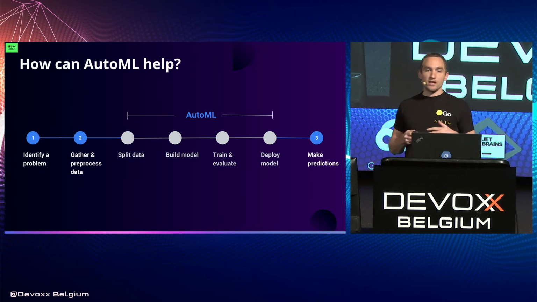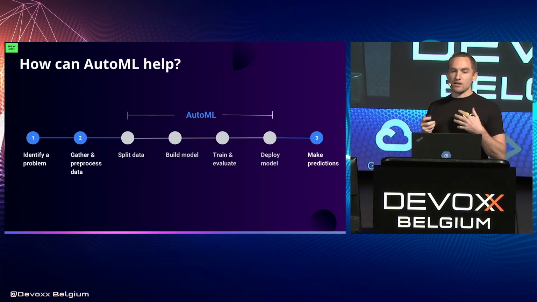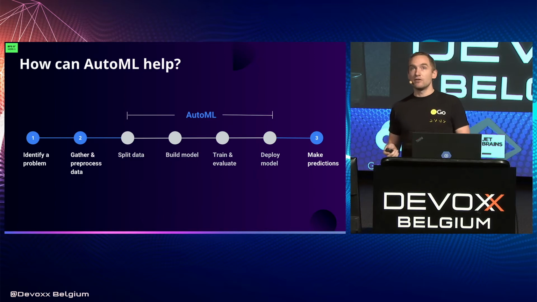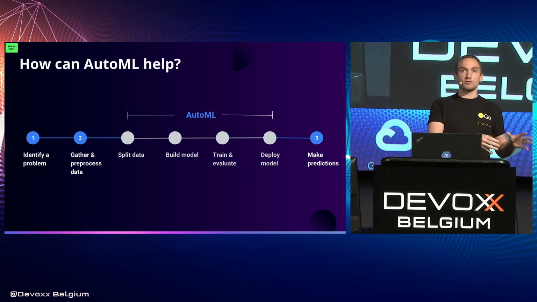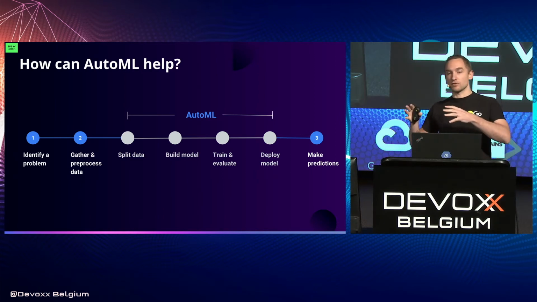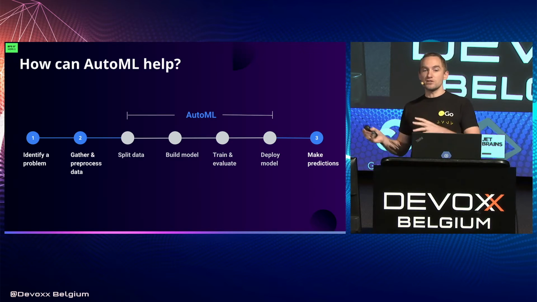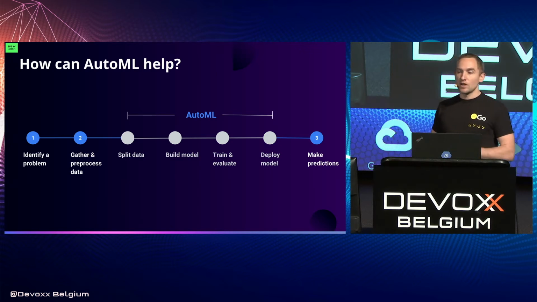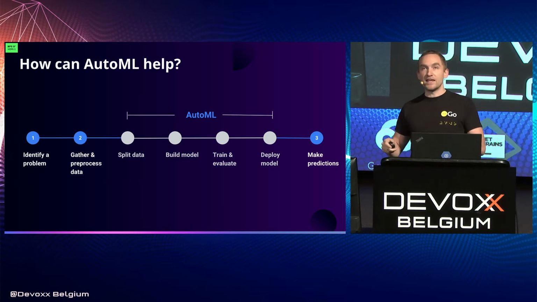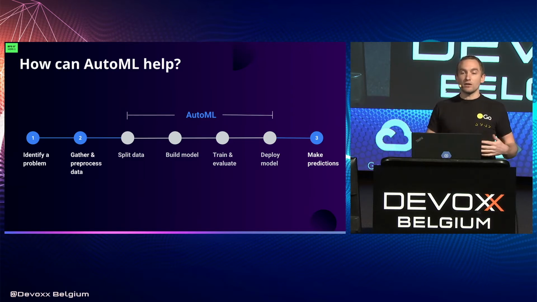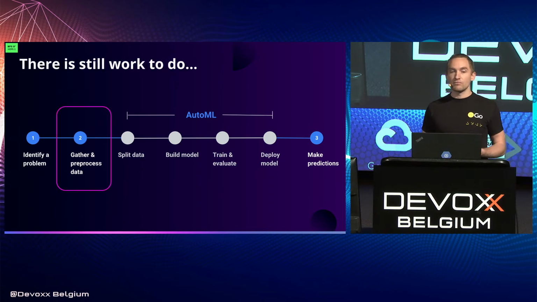So AutoML takes care of a few steps for you, splitting the data into a training set and a test set, for example, 80% of the pictures for the training and 20% for the test. And thanks to the test set, the tool computes the recall and the precision. I'll get back to this later. Then training the model, and then deploying the model, meaning making it available online, ready to make inferences.